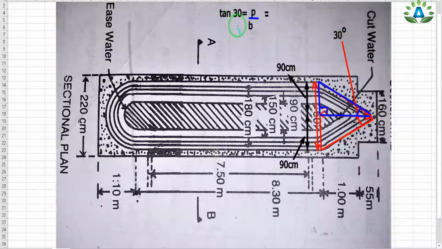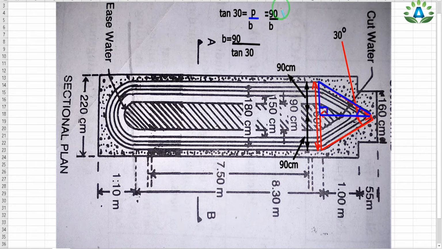So tan 30 degree equals perpendicular by base, in which our perpendicular height is 90 centimeter. I have put this value 90, and we have to calculate this base, so it is unknown. While equating this, we get b equals 90 by tan 30. So we get the value of the base 155.88 centimeter.